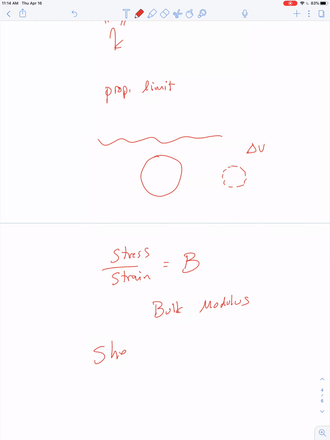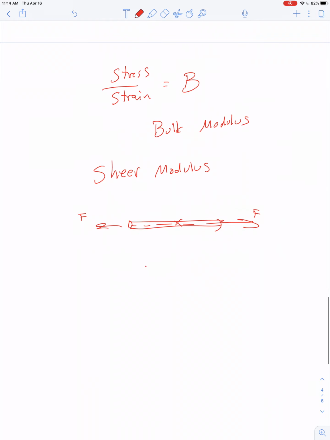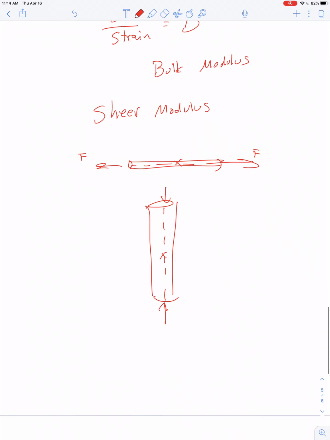We'll also go deeper into investigation of what we call the shear modulus, and that would be the case of a material that is neither stretched nor compressed. See, these forces that pull in opposite directions at least align with each other through the center of mass of the material, or when a bone is compressed, these forces align with each other and pass through the center of mass of the material.